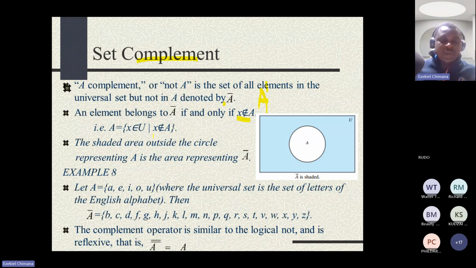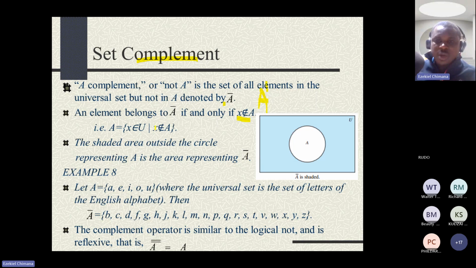So the shaded area outside the circle representing A is the area representing the A complement. If you are looking at this Venn diagram, all this shaded area is the complement of A. All the elements which are outside A, but within the universal set.